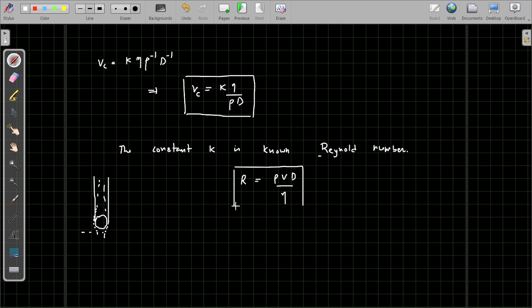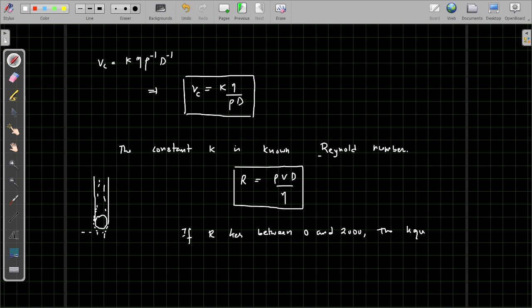The importance of the Reynolds number is that if R lies between 0 and 2000, the liquid flow is streamlined.